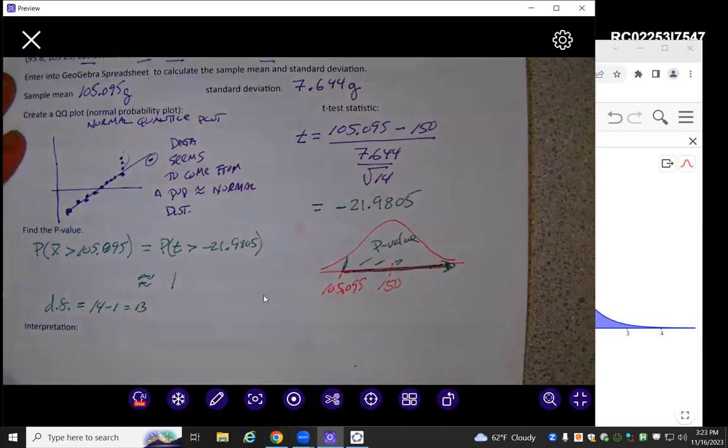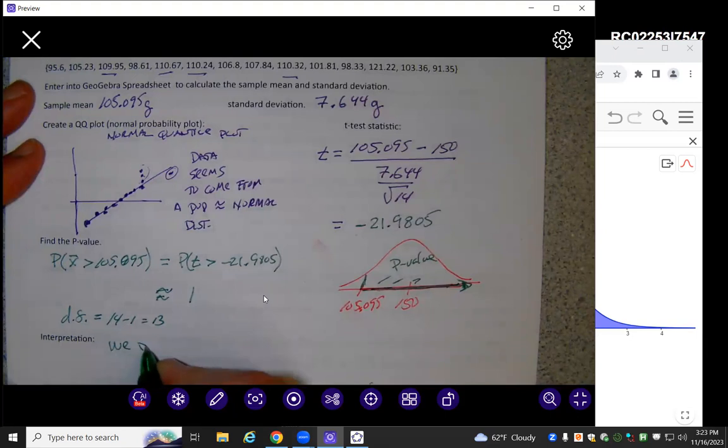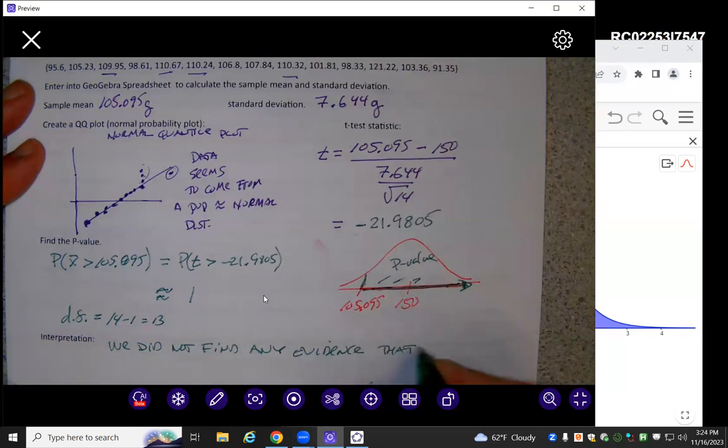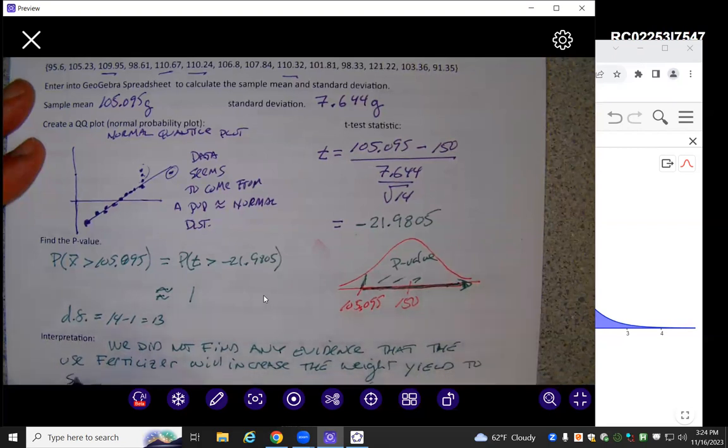All right, so what's the interpretation? We did not find any evidence that the use of fertilizer will increase the yield to some value greater than 150 grams.